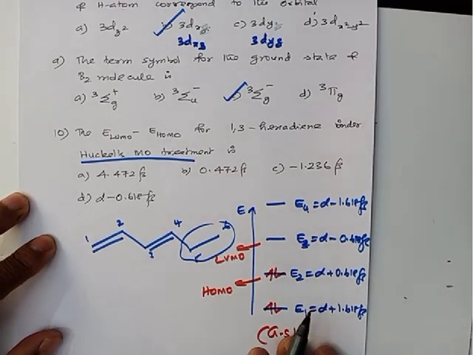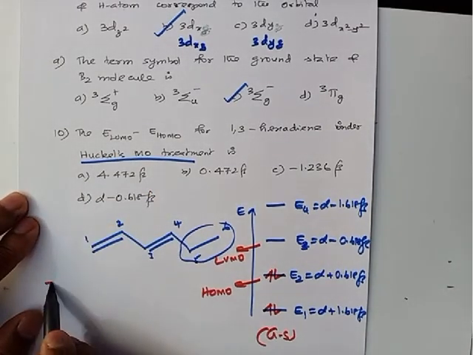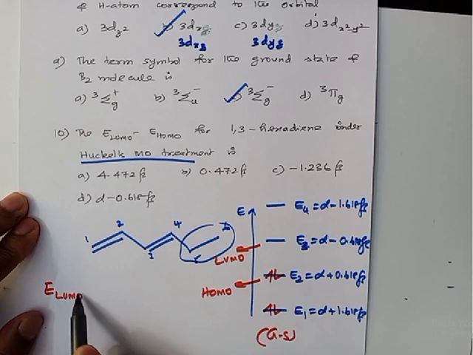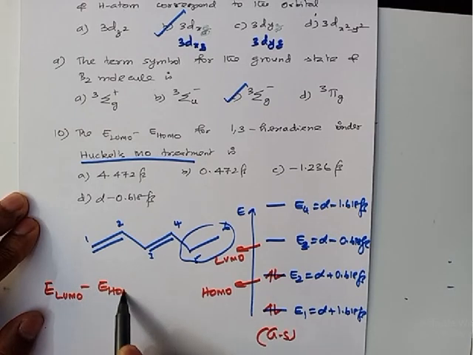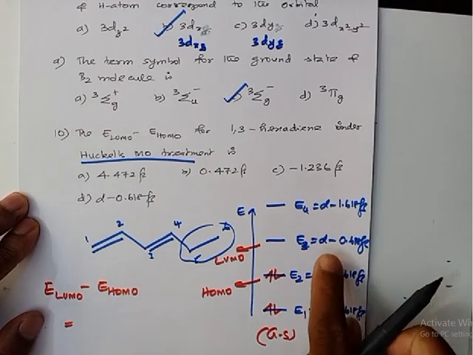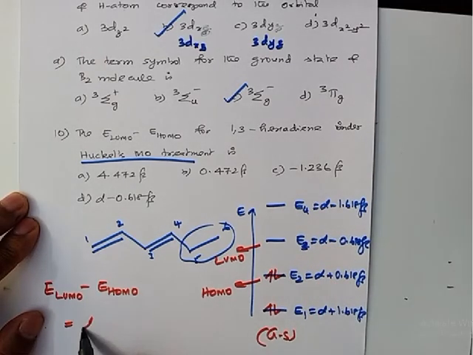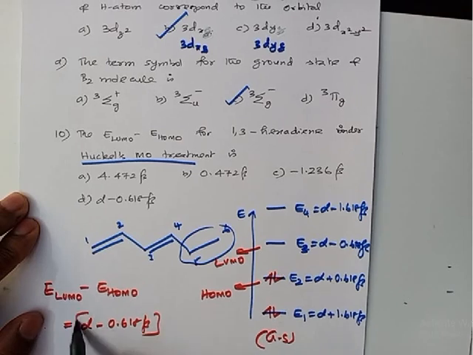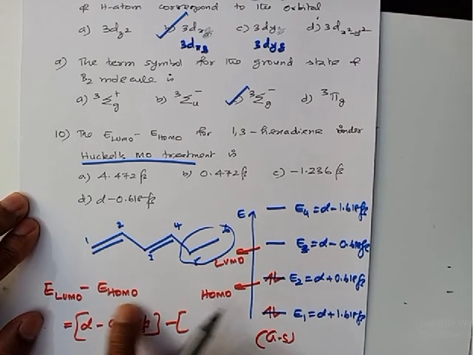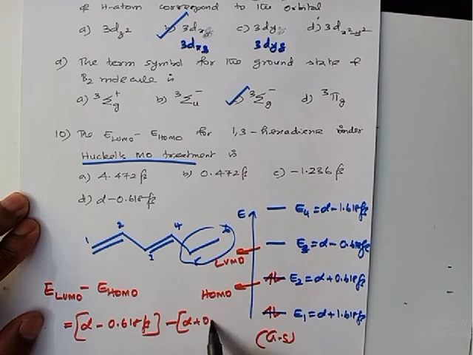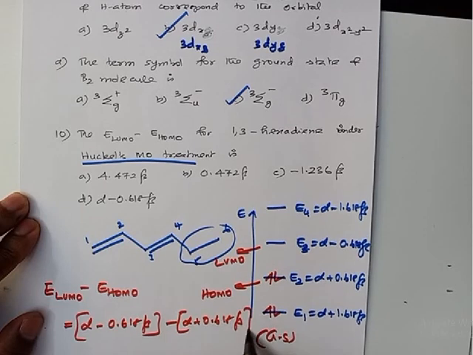Okay, and what is the energy difference? We need to find the gap, right? E LUMO minus E HOMO you need to find out. So the higher value, alpha minus 0.618 beta, minus the lower HOMO value, alpha plus 0.618 beta.